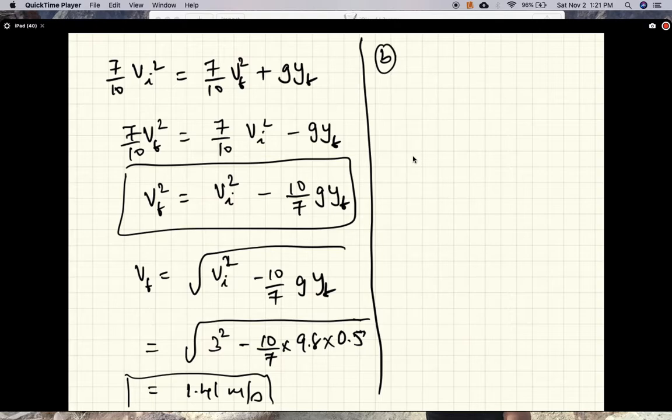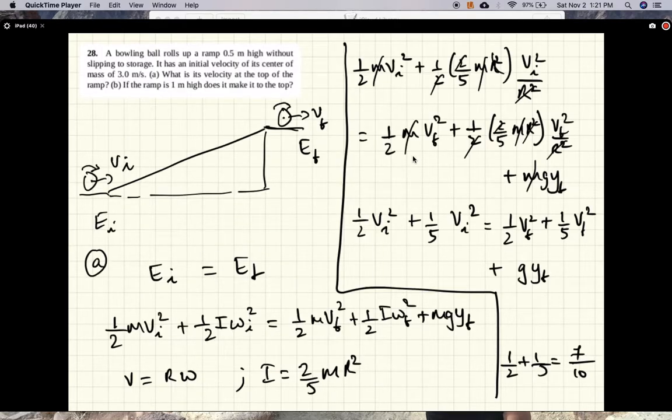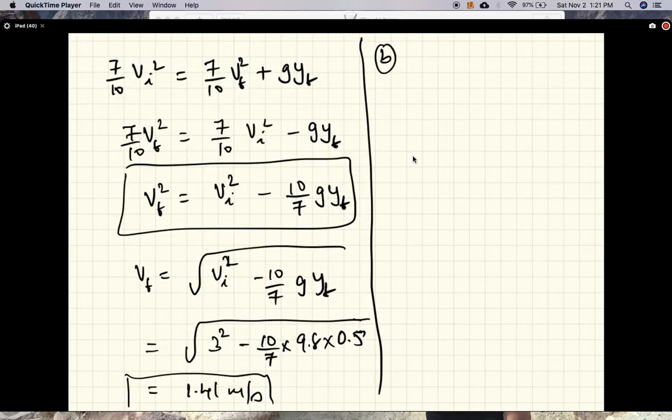Okay, in part B, what we want to find is, if the ramp is 1 meter high, does it make it to the top? Here's how we'll solve this. Let's find out what is the highest ramp it'll climb, and at the highest point the final velocity is 0.